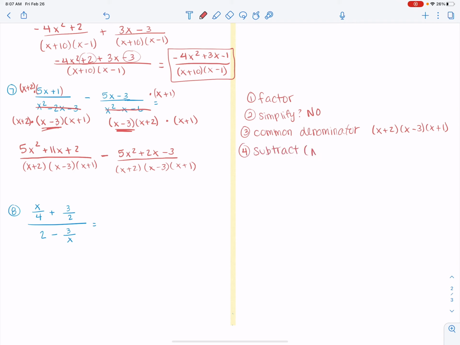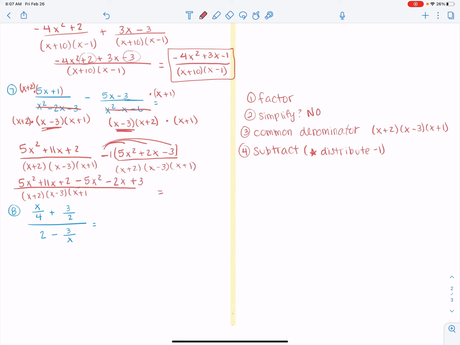And when you subtract, don't forget to distribute the negative 1. So really, I have a negative 1 here times all of this. So I have 5x squared plus 11x plus 2 divided by x plus 2, x minus 3, x plus 1, minus 5x squared minus 2x plus 3.